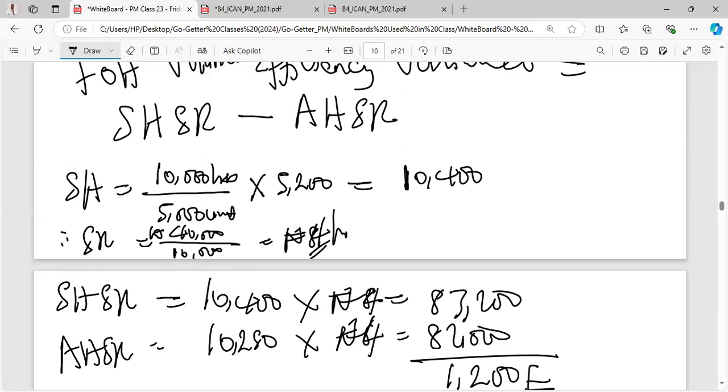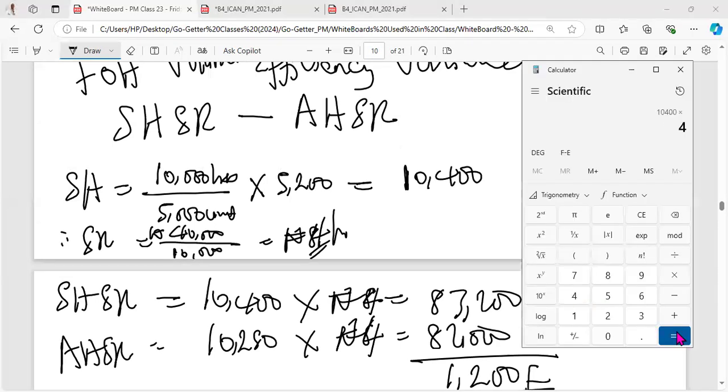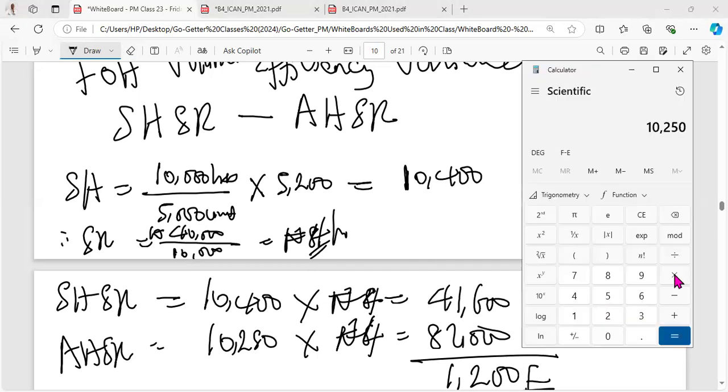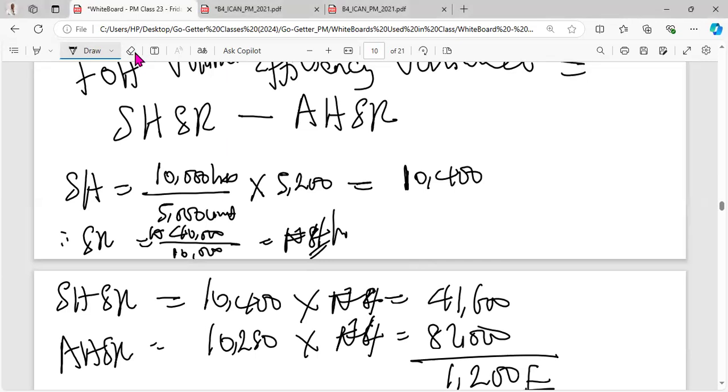So let's do that again. 10,400 times 4 will give you 41,600. To be very careful, 41,600. 10,250 times 4, very careful, this is 41,000.